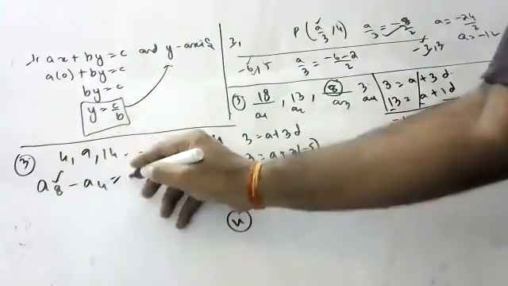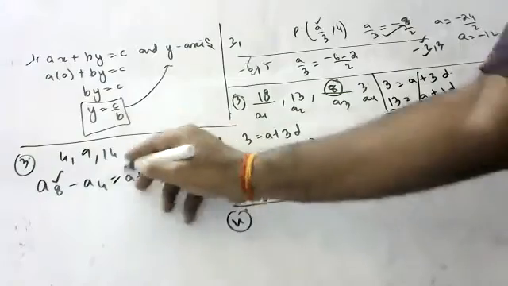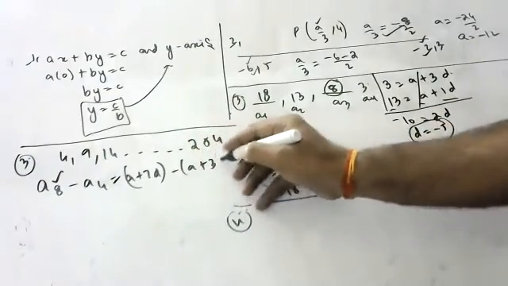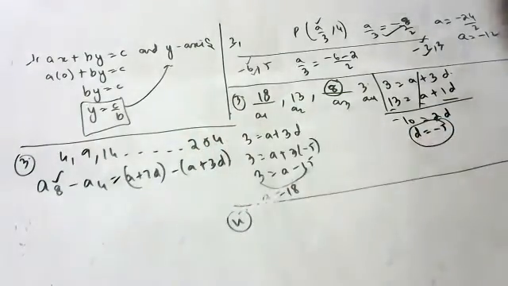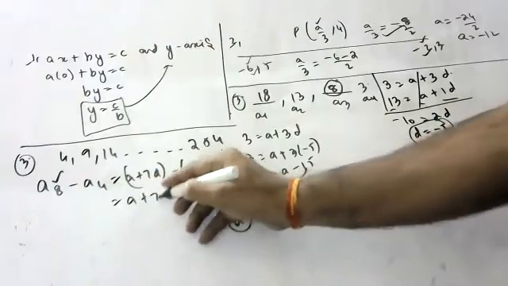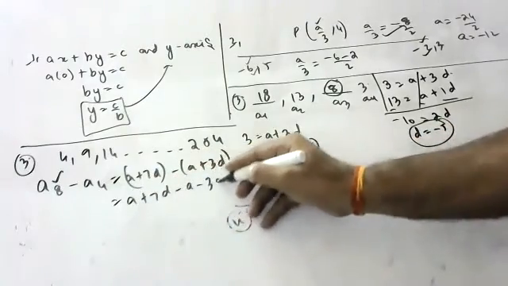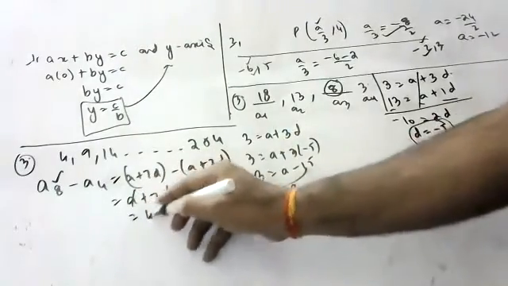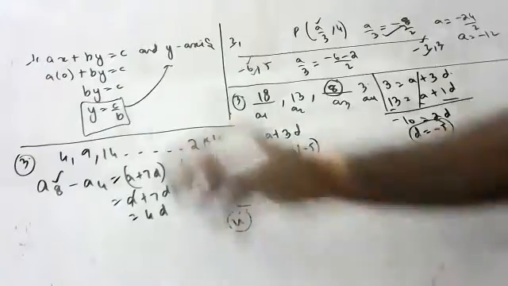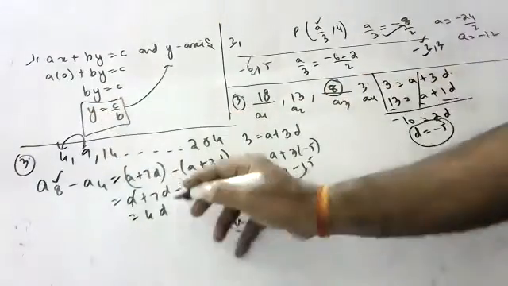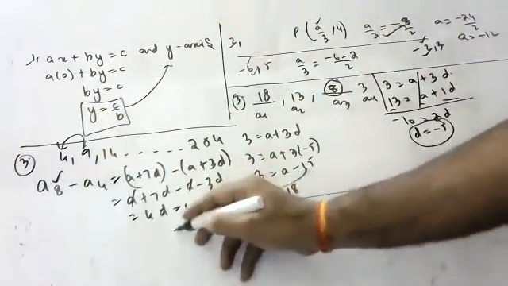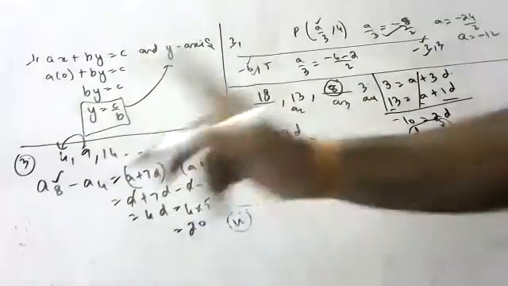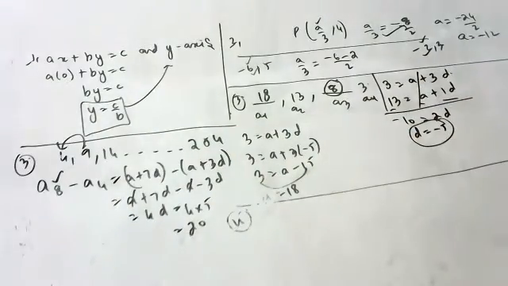What is A8, children? A plus 7D minus A plus 3D. Open the brackets, children. A plus 7D minus A minus 3D. A and A cancel, 7D minus 3D is 4D. D is equal to 9 minus 4, that is 5. 4 into 5 is 20, that is the answer, children.